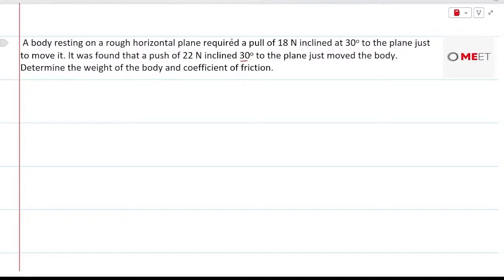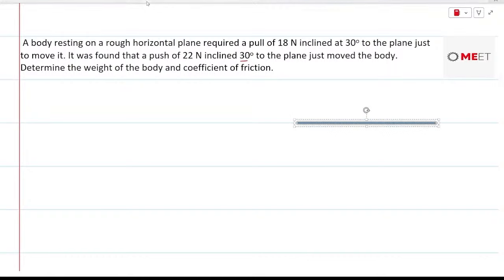So here in the question, the nature of the first force is that a pull of 18 newtons is applied at an angle of 30 degrees, and a push of 22 newtons at an angle of 30 degrees is applied. And for this situation, the weight of the block and the coefficient of friction are to be determined.